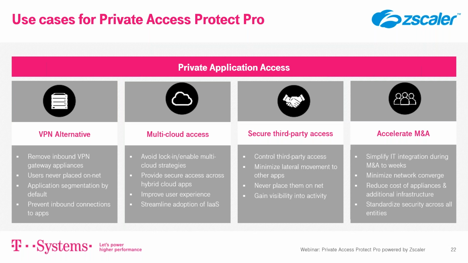So instead of using a classic remote access with an appliance as a gateway, we can use private access to connect our users to the applications they need. And the main benefit is that our users never have access to the general network itself. Therefore, we have an application segmentation by default and a zero trust approach.